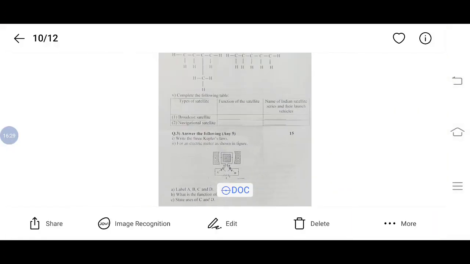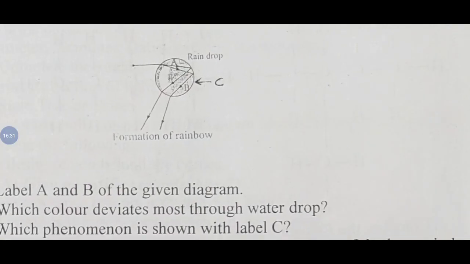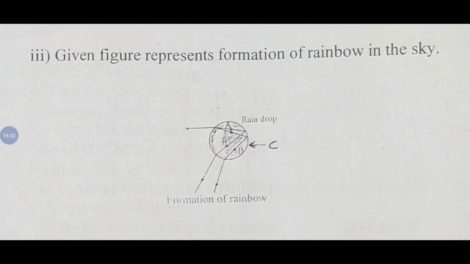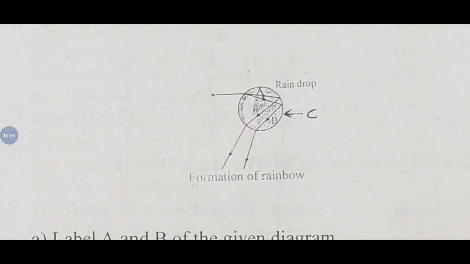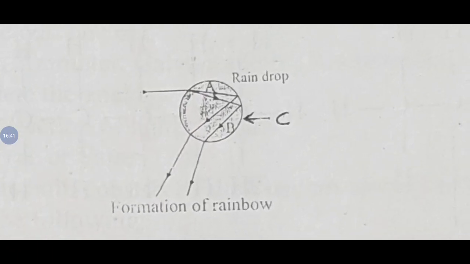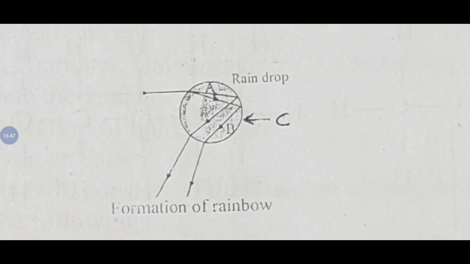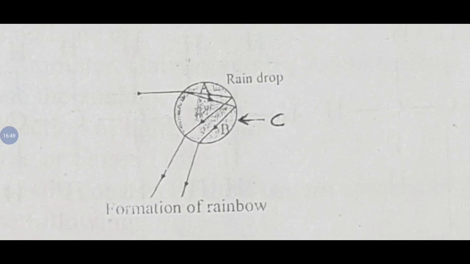Next question. First of all we are reading the question and then afterward I will dictate all the answers. Given figure represents the formation of a rainbow in the sky. So that above arrow is labeled as A, and second ray is shown there, that is indicated as a letter B in that raindrop, and whole phenomena is what is there.